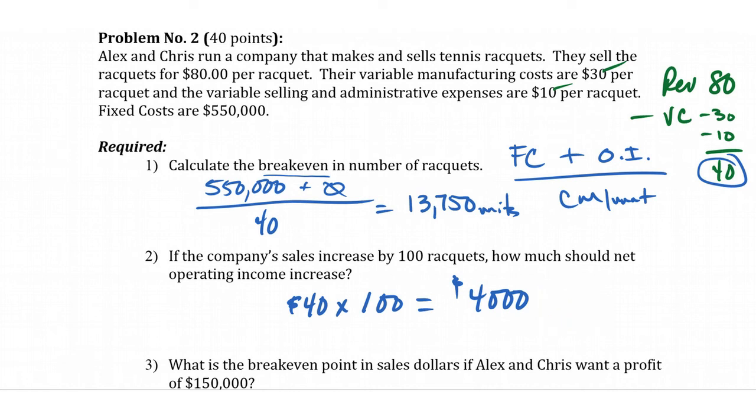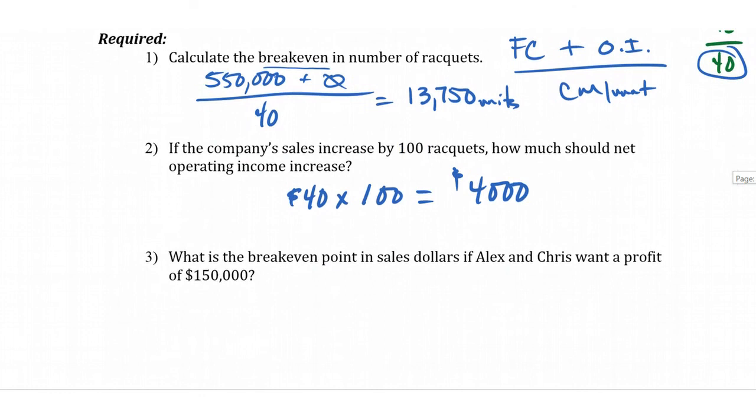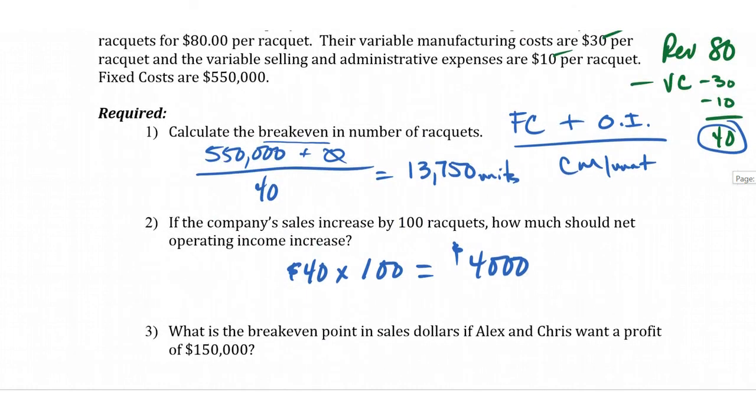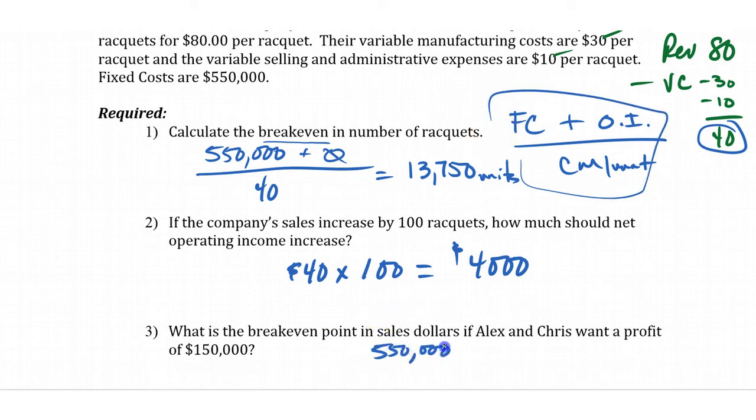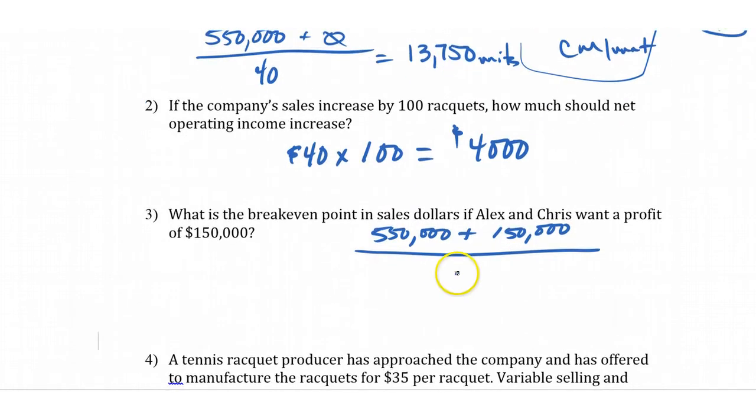Alright, companies aren't in business to break even. What if they want to have a profit of 150,000? Well, again, we go back to this original formula, and it's fixed costs plus operating income. So our target profit of 150,000, divided by our contribution margin of 40.